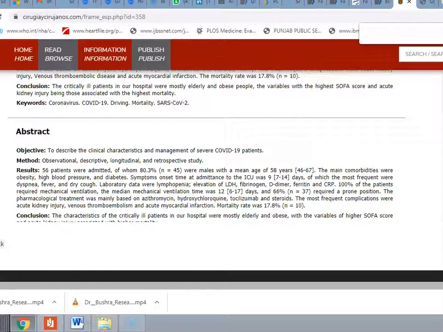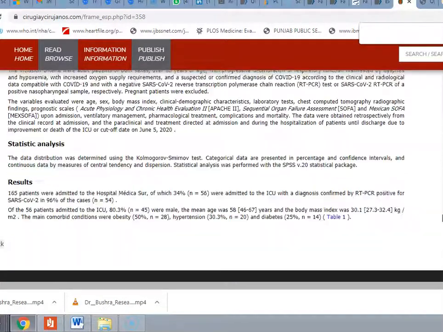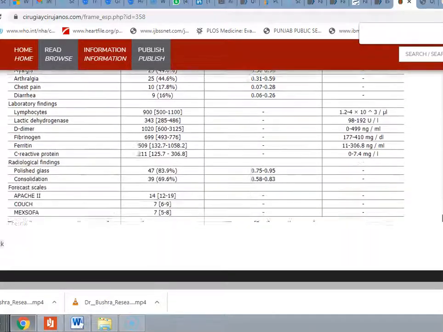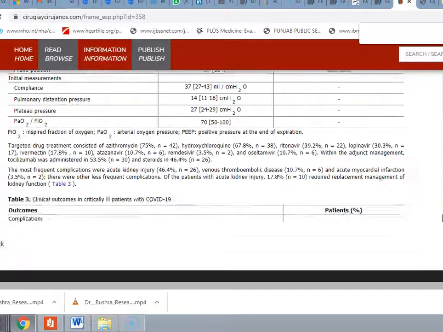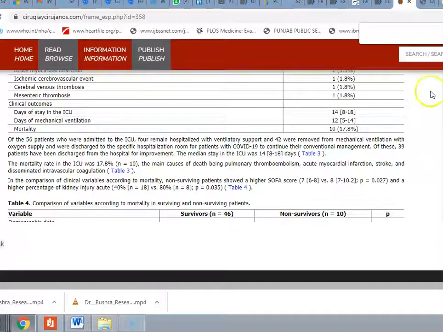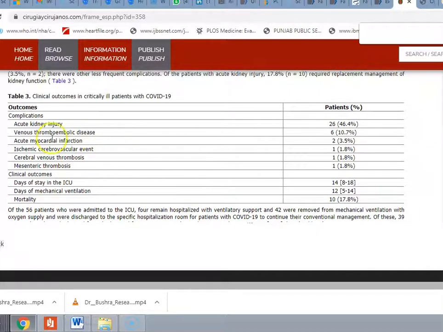So what they do is record how many of these patients develop what kind of complications in this table. Here you can see acute kidney injury in 26 patients, and this can be said to be the incidence of acute kidney injury in COVID-19 patients. But they do not use this term incidence in this article because they are basically describing all the events and not just interested in one complication.